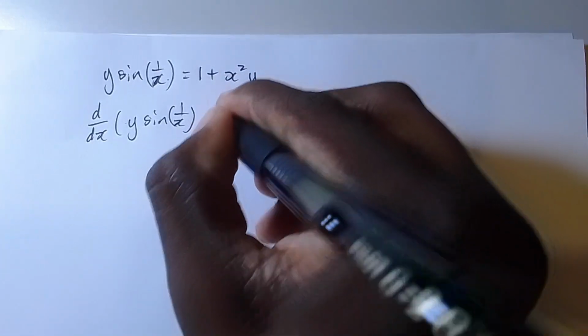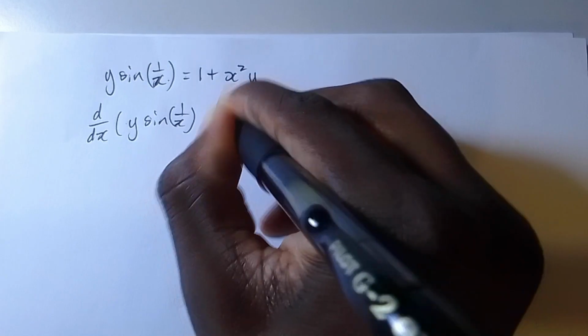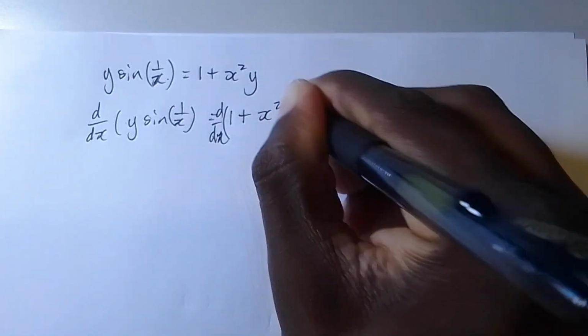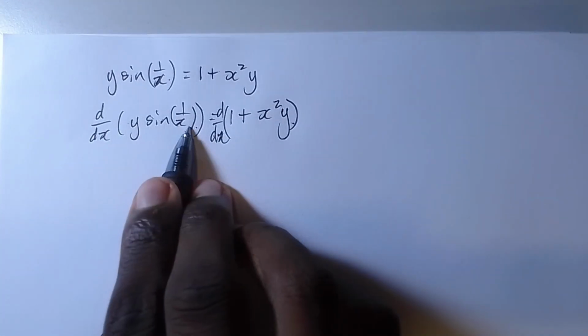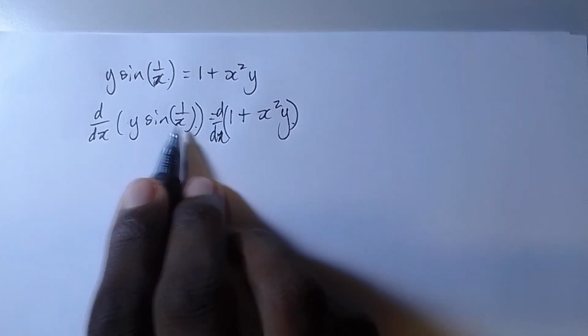dy on dx. Right, so we are multiplying this function by this function, and therefore we should use the product rule.